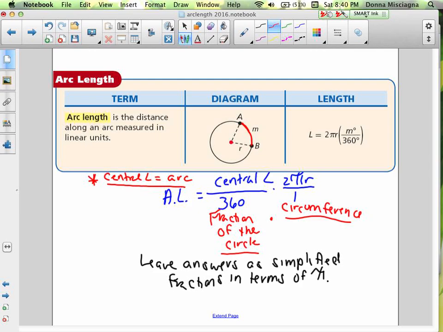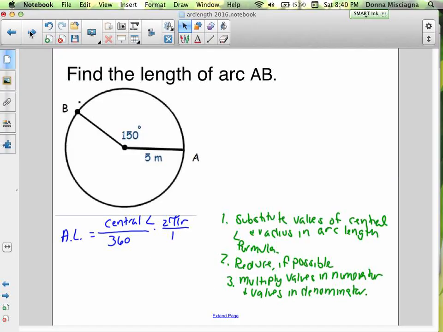But we want exact answers, so leave these as simplified fractions in terms of pi. I'm expecting to see pi in the answer. Do not multiply out by a decimal equivalent for pi. It'll actually be a lot easier if you leave it in terms of pi.